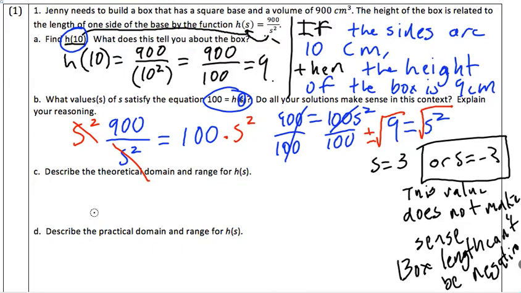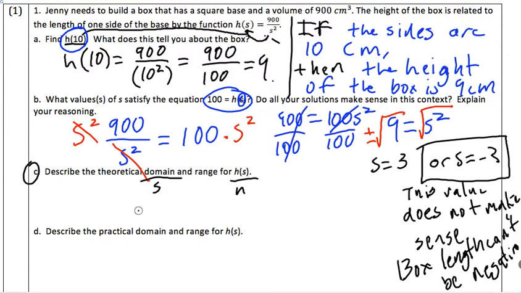Part C says describe the theoretical domain and range for h of s. So the domain is always the independent variable, so it's s, and the range is the height, or the h of s. So let's think about what makes sense. It does not make sense to have a negative side. Also, it doesn't make sense to have a side of 0. Just like you can't have negative length, you also couldn't build a box with 0 length.